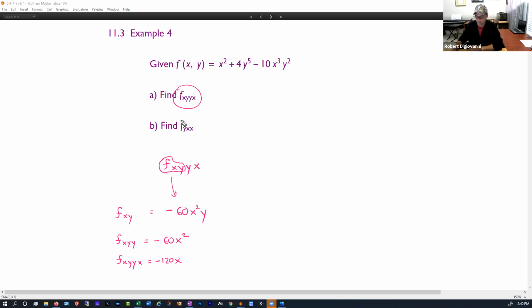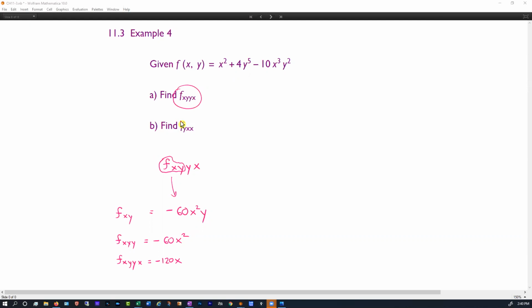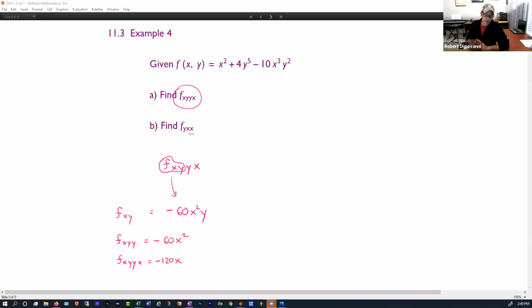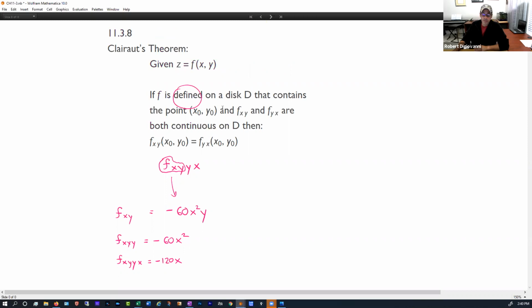I won't do that. Can I ask a quick question? Yep. The x and y's in our partial derivative notation, are they commutative? Like if I took the derivative of yx, would that imply the same thing as the derivative of xy? That's a wonderful question. Well, here's what I can tell you: this theorem tells us it's commutative sometimes, right?